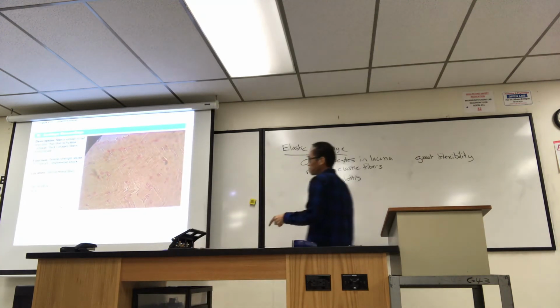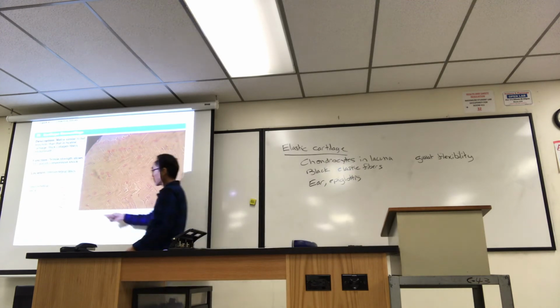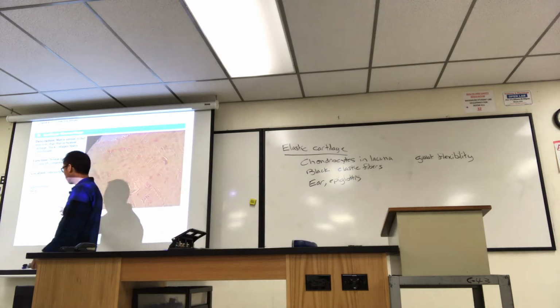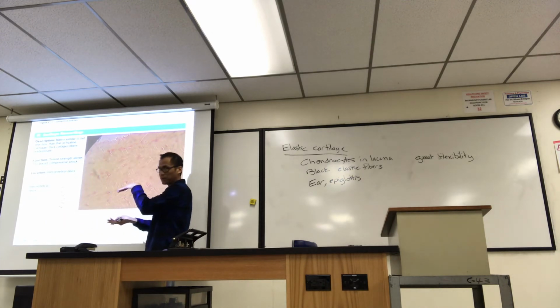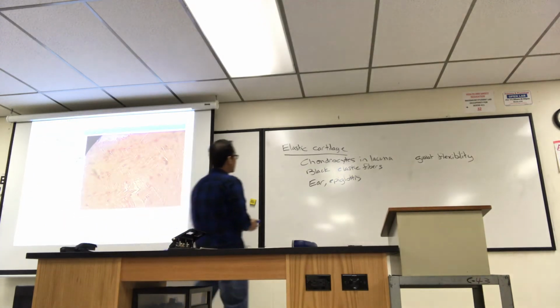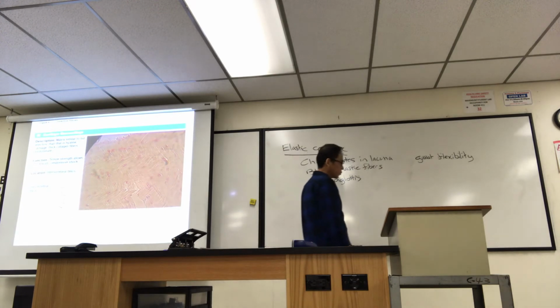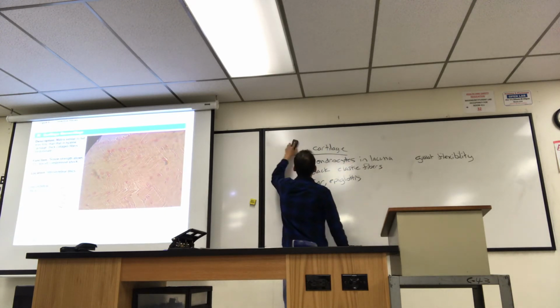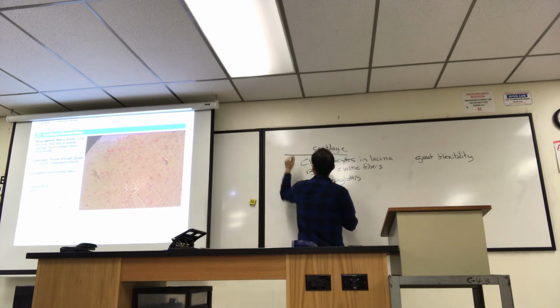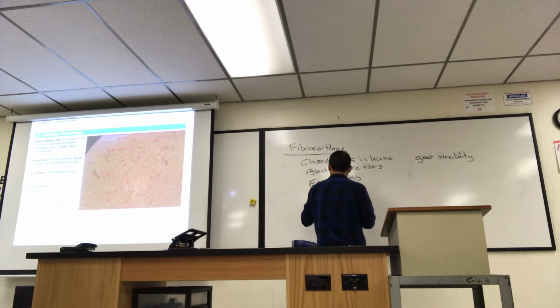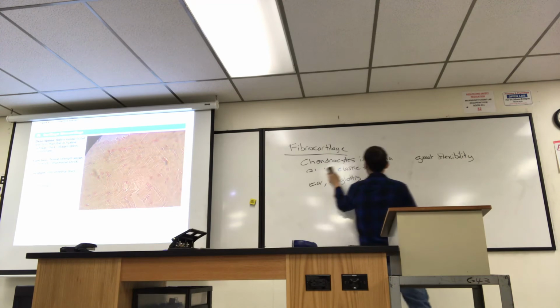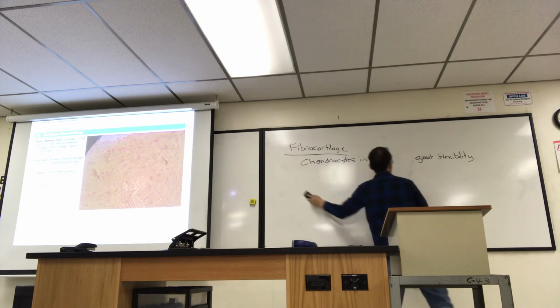Now this is your spine, and these little discs in between the backbones are cushioning your vertebrae within your spine. So fibrocartilage, its main job is to resist compression. I'm going to leave chondrocytes and lacuna because they're still there.